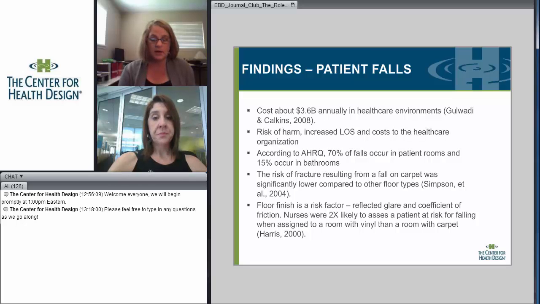And the other piece, if you look at the bottom of the slide, is the floor finish factor. So, we're all challenged with, do we have a flooring finish? And we think that if you have vinyl that doesn't require wax, you're good to go.